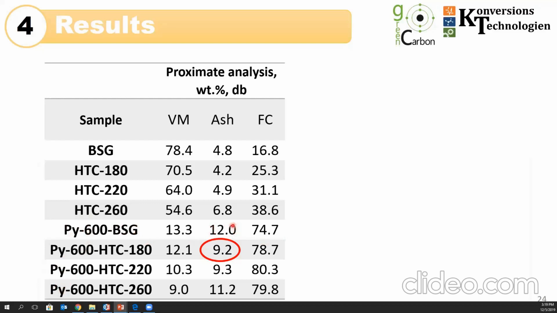However, if we use coupling of both processes, we can reduce the ash content of our final char due to the removal of inorganics in subcritical water condition, as well as pyrolyzed hydrochar resulted in higher fixed carbon content and lower volatile matter compared to one-step process.